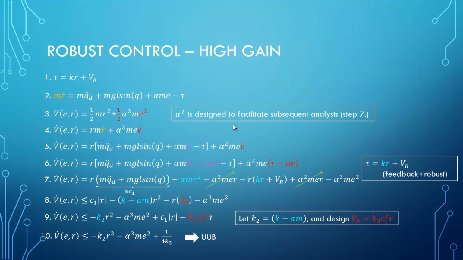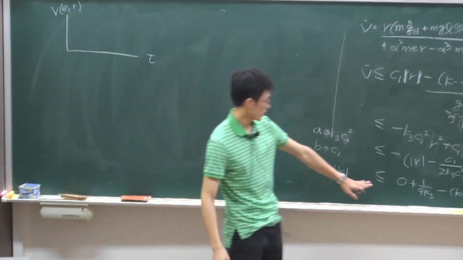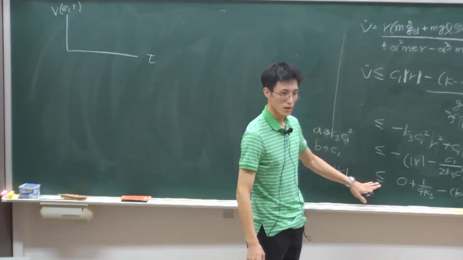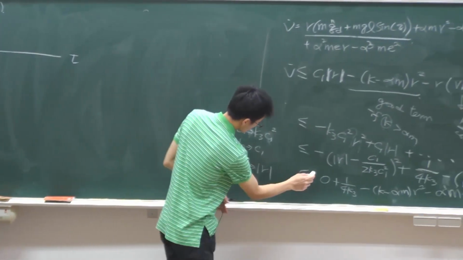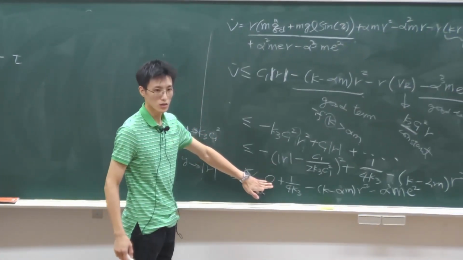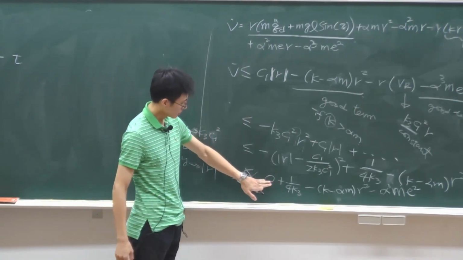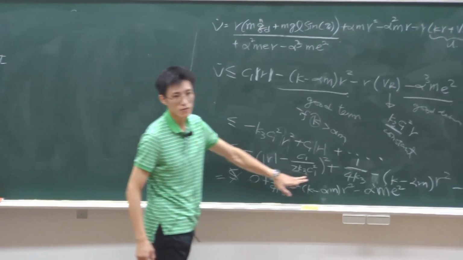Okay, so now let's plot the Lyapunov function. The upper bound is not equal. This term is not equal to this. This term upper bound is... And can zero upper bound something that's negative?